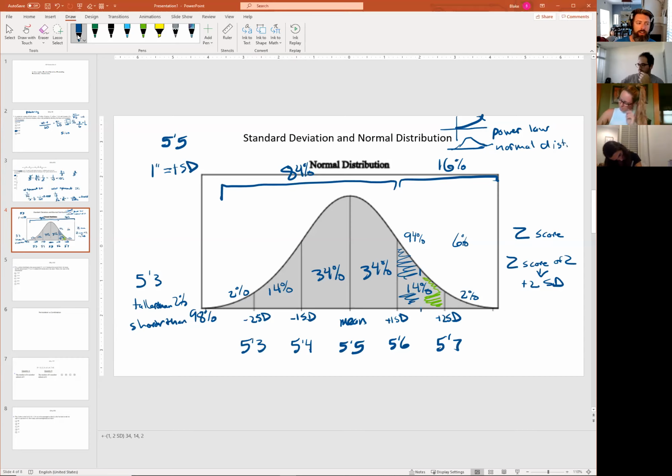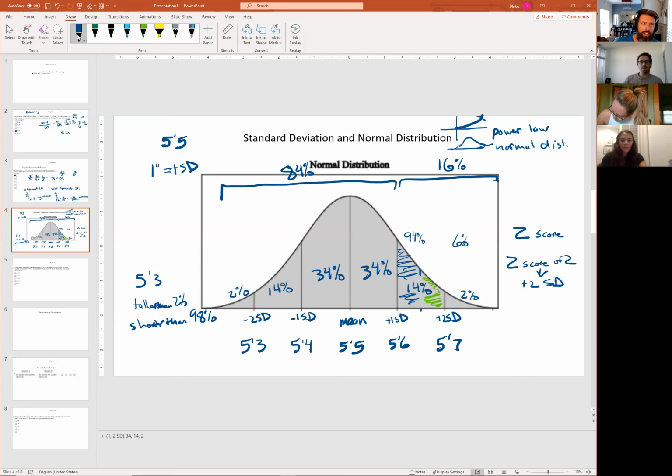What's nice about the normal distribution and standard deviation is if I give you two numbers, if I just say the mean is this and the standard deviation is that, you can make a lot of predictions that are going to be fairly accurate about values of the set of numbers that you have. Does that make sense? Okay.